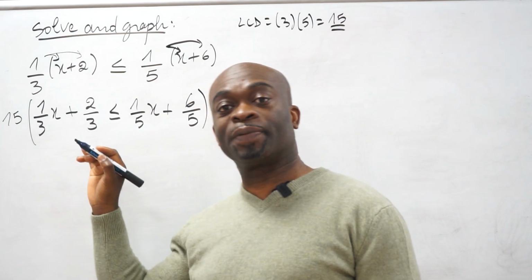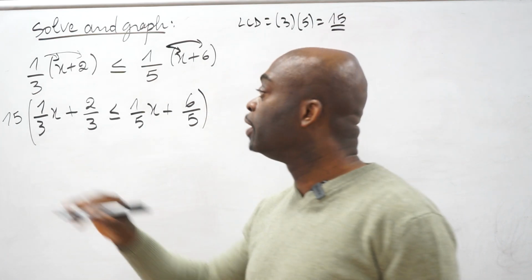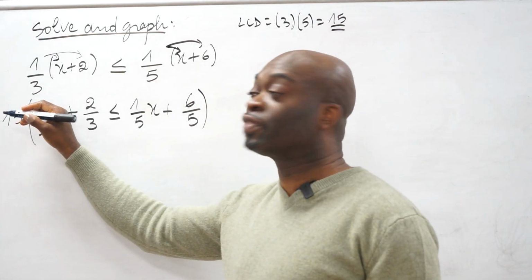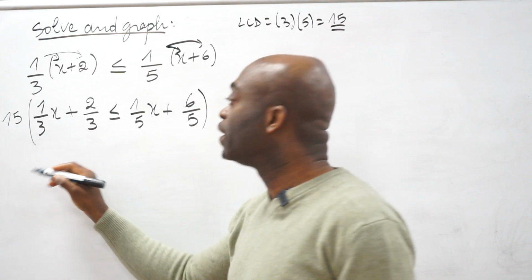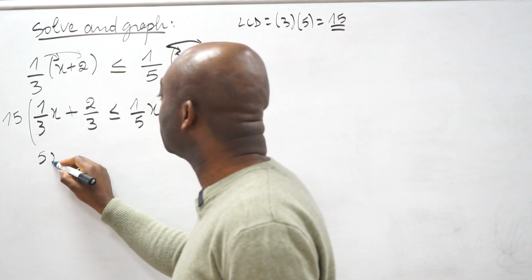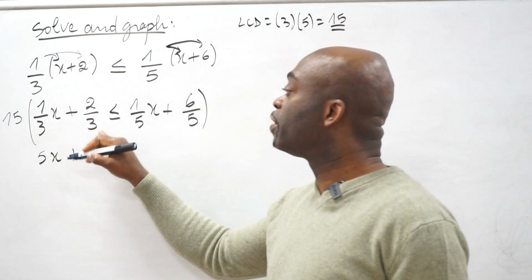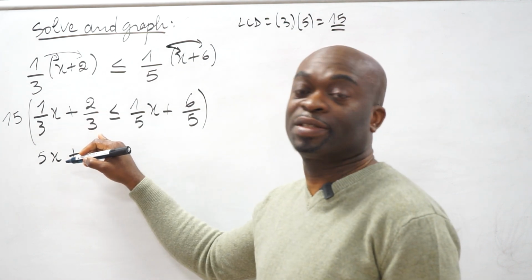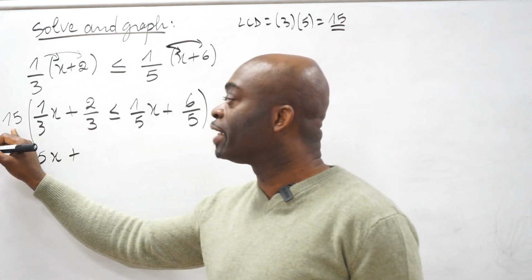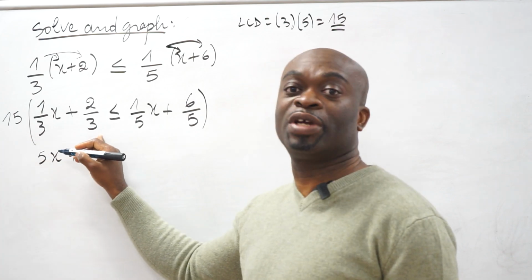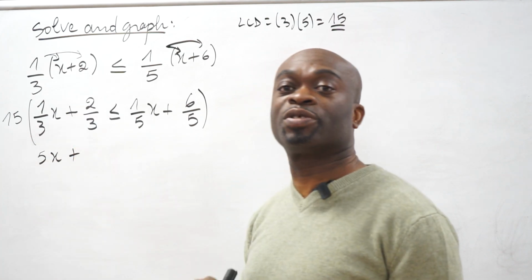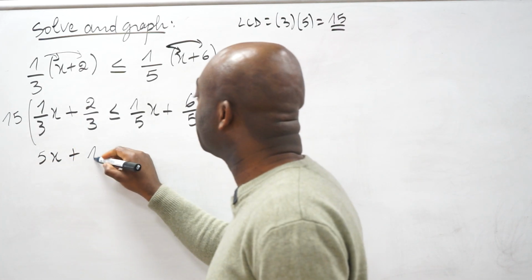Now, this multiplication is going to be easy. How? 15 times 1 is 15, and 15 divided by 3 is 5. So that will give us 5x. Plus 15 times 2 is 30, and 30 divided by 3 is 10. Or somebody can do 15 divided by 3, which is 5, and then 5 times 2 is 10. Same thing.